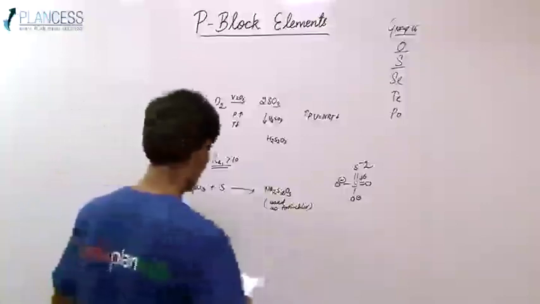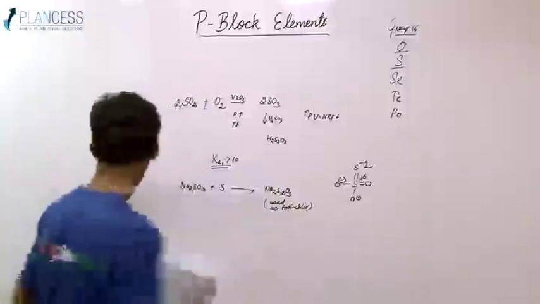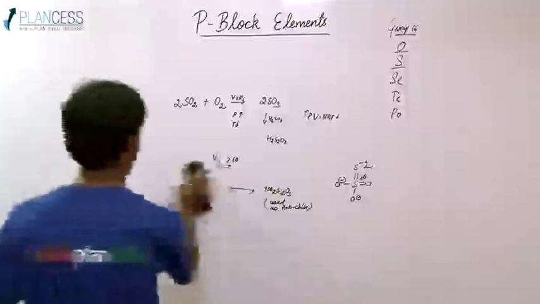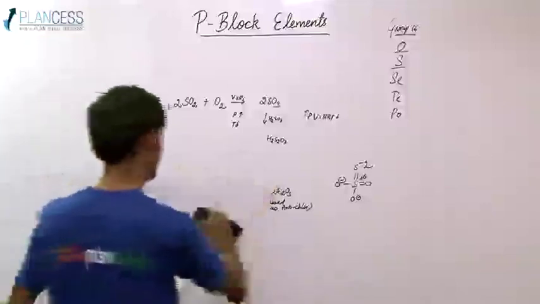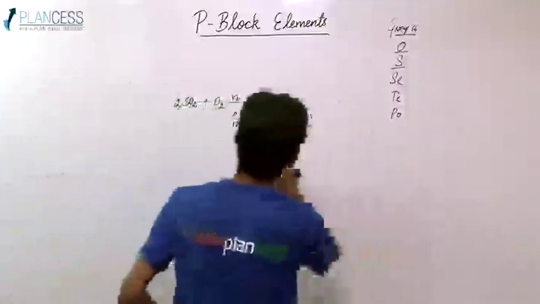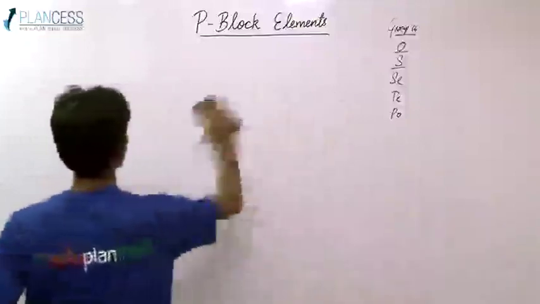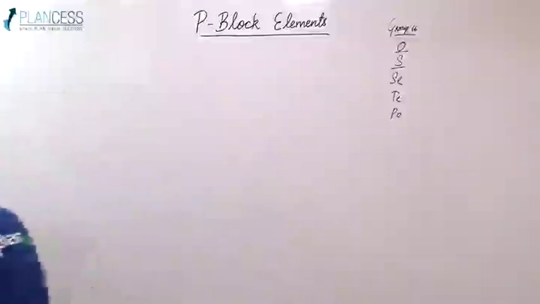A few more reactions about sodium thiosulfate. When Na2S2O3·5H2O is heated to 215 degrees centigrade, it loses all its 5 moles of water of crystallization and forms anhydrous sodium thiosulfate, Na2S2O3.